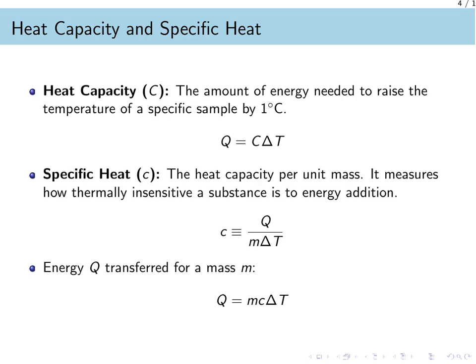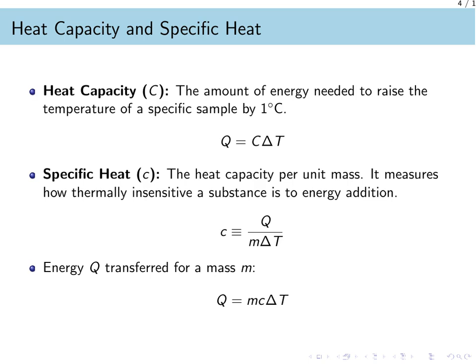We define two important terms to describe how materials store energy. Heat capacity, represented by a capital C, is the amount of energy needed to raise the temperature of a specific sample by 1 degree Celsius. We express the energy transferred as heat capacity multiplied by the change in temperature.